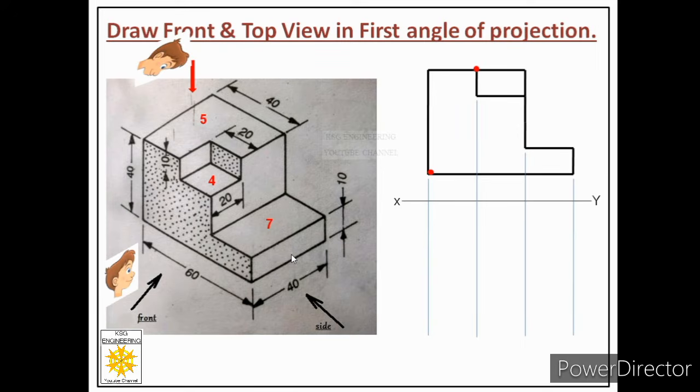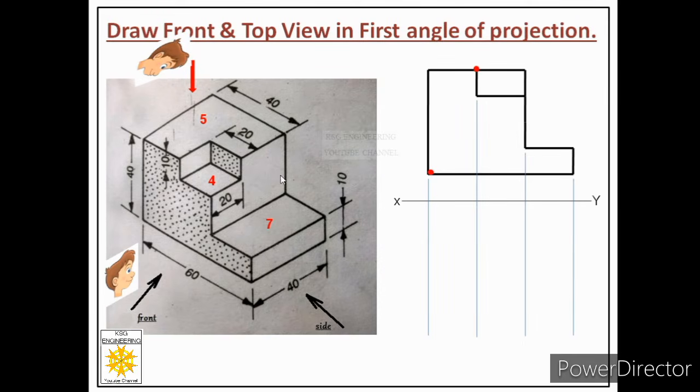Let me give you one thumb rule here. When we look at any object from top, we can see only two dimensions: length dimension or width dimension. Remember, we have maintained this direction while looking from top. So this is the width dimension for us. This is the length dimension for us.